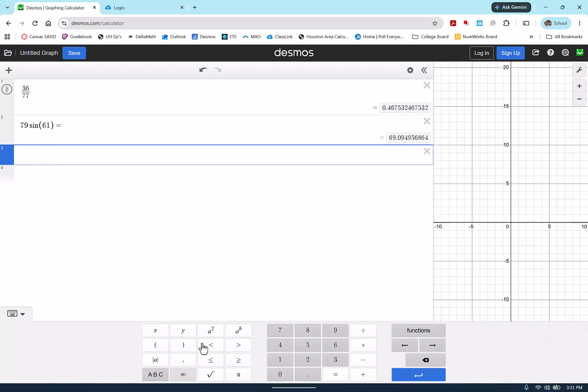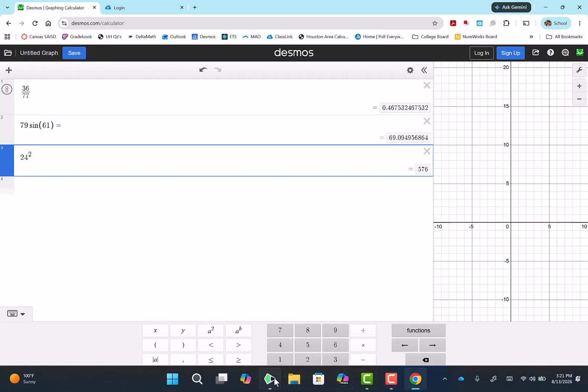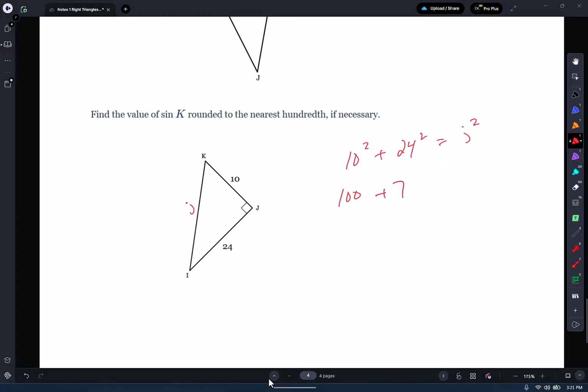I'm going to put 24 squared in the calculator. 576. 576 plus 100, 676. Oh, look, 676. Is 676 a thing? Okay. All right.